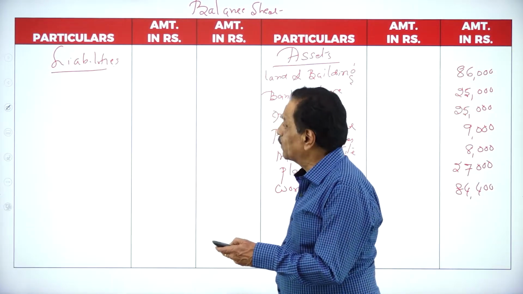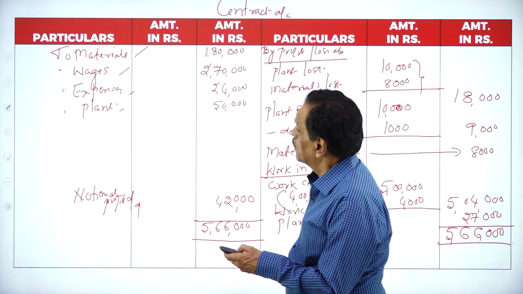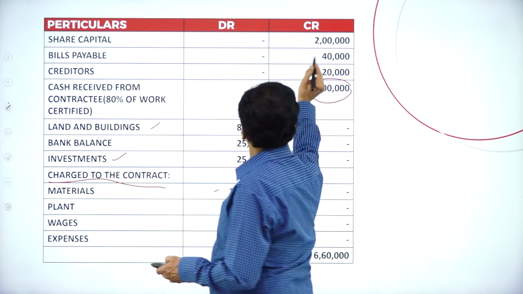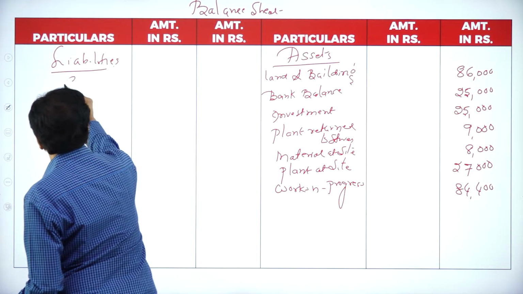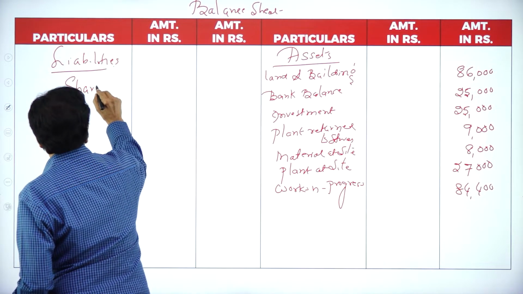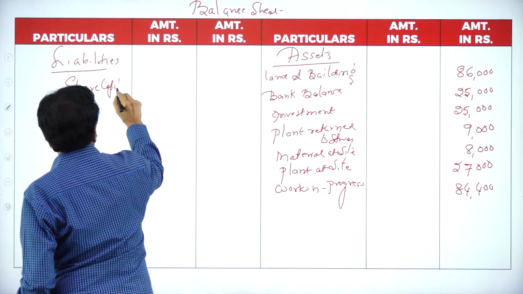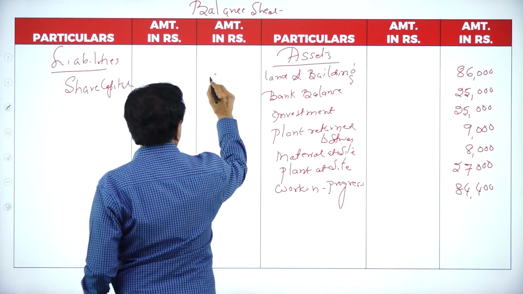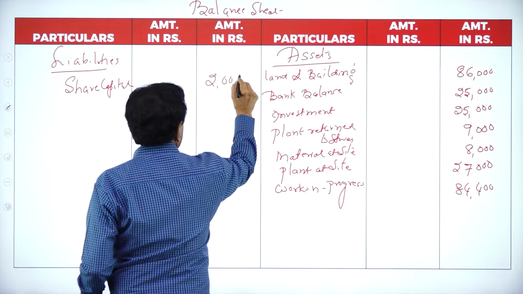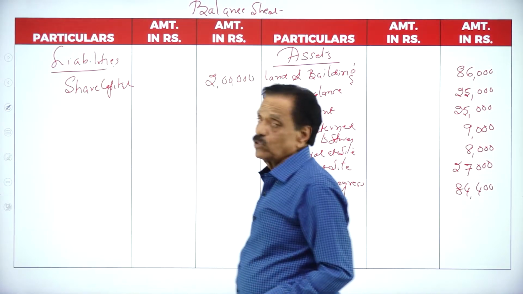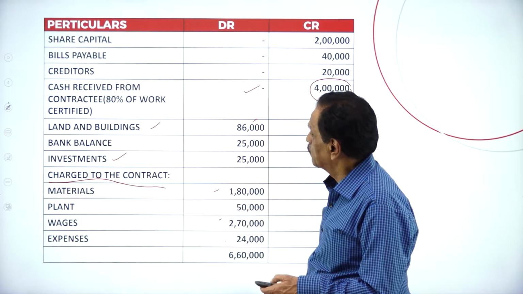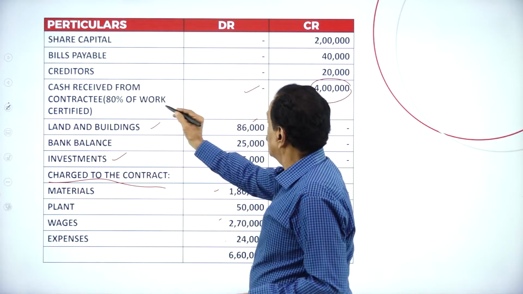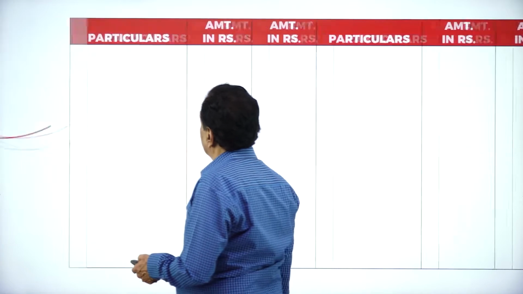Then come back to liability side. What's your share capital? 2 lakh. Share capital 2 lakh. Then what next you got? BP 40,000, creditor 20,000.